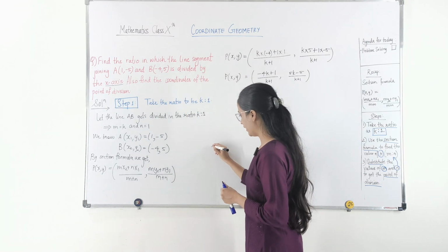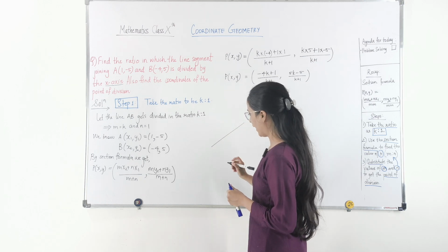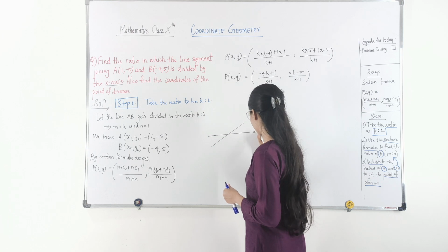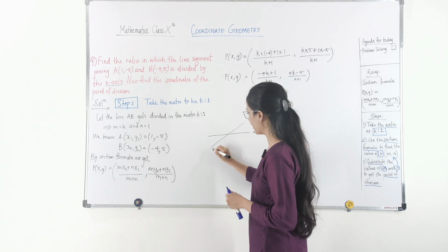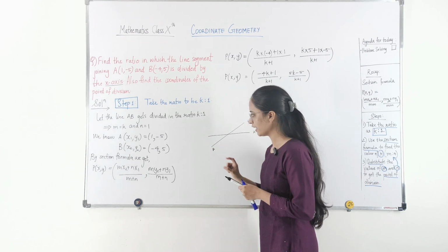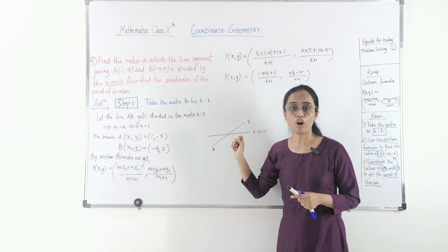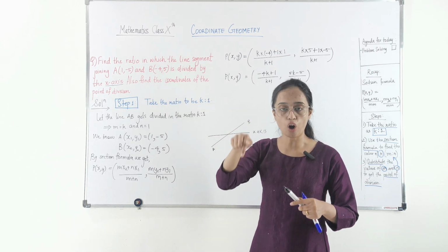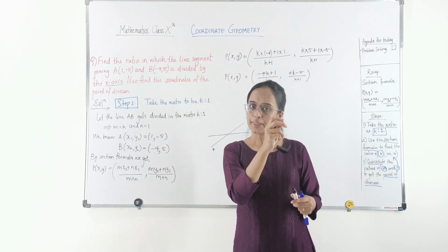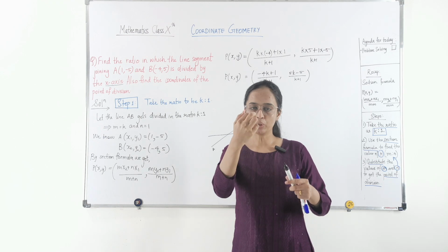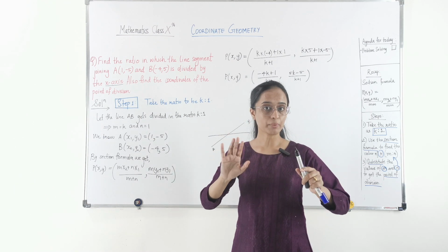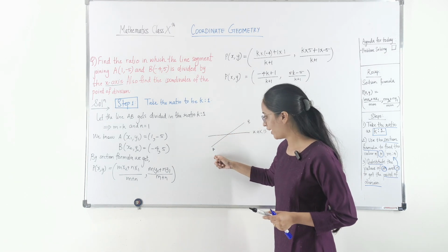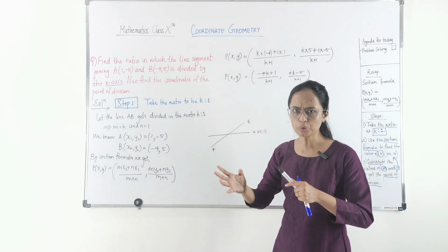Meaning, let's say you have this line and this line is divided by the x-axis. This is your x-axis. This is your line AB, and they are saying that there is some point that lies on the x-axis. I'm not talking about some point that is a part of the corresponding x coordinate. They are saying that the x-axis is the line that divides this line segment into two parts.